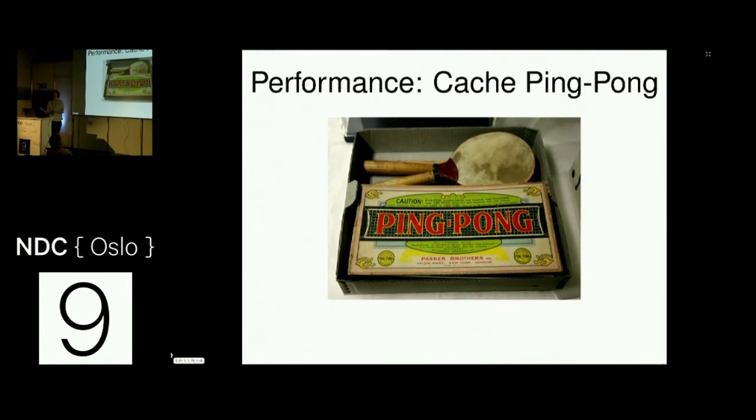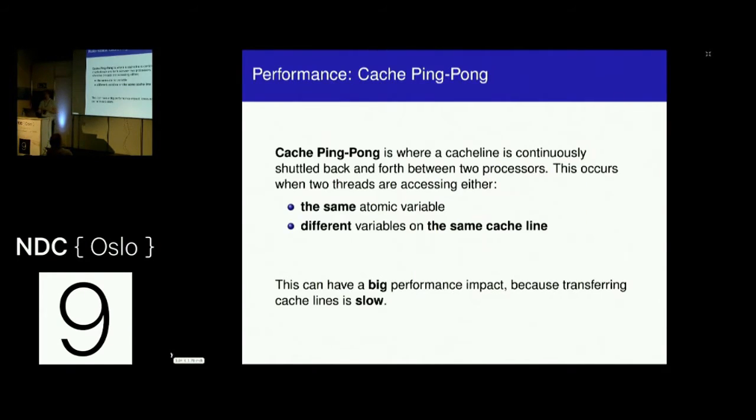If you've got different processors in the same system with different caches, or even if they're on the same core but they've got a different level 2 cache, then you can find that that can be a real issue. The cache line is continuously shuttled back and forth between your two processors, and you've got cache ping pong, it's called, and this can have a big effect on your performance.